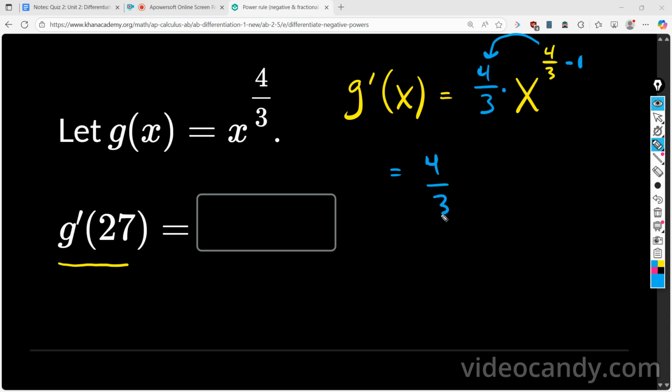In order to subtract fractions, you need a common denominator. So we have 4/3, and the number 1 is the same as 3/3, so it's minus 3/3. And 4/3 minus 3/3 is 1/3. So g prime of x is 4/3 times x to the 1/3.